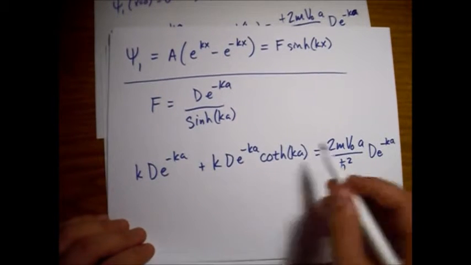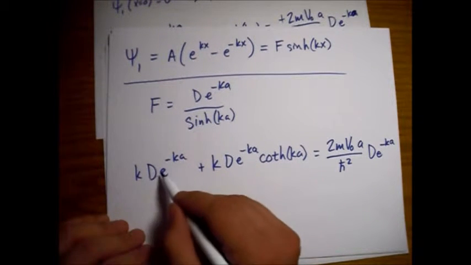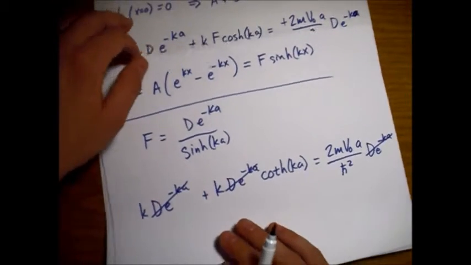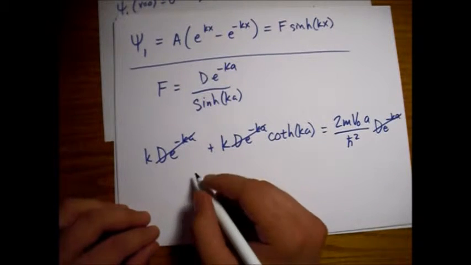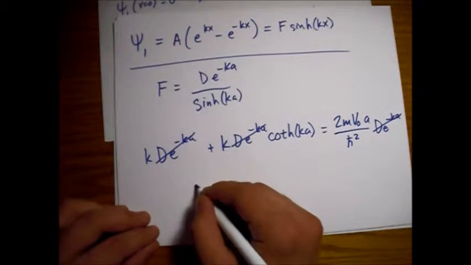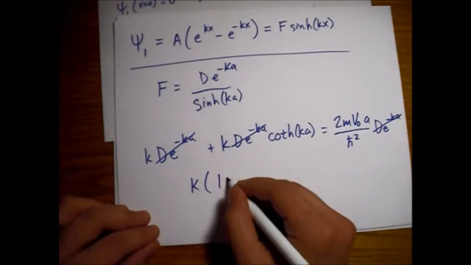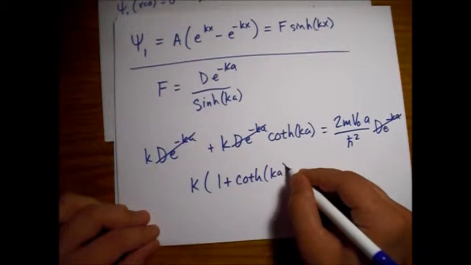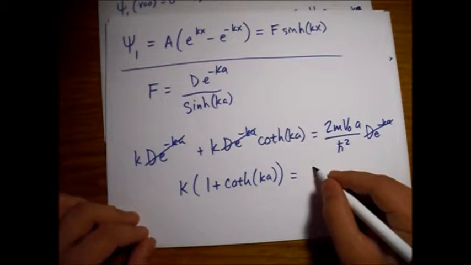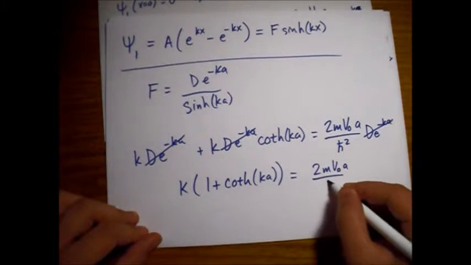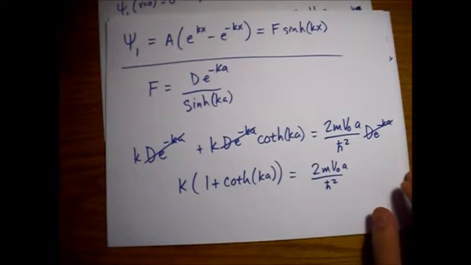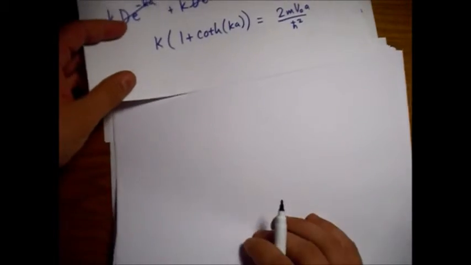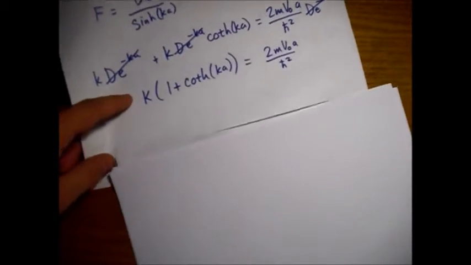All right, so obviously we can come through here and just divide out these three terms. So we have k times one plus hyperbolic cotangent ka equals 2m V naught a over h bar squared. I don't like dealing with hyperbolic cotangents.